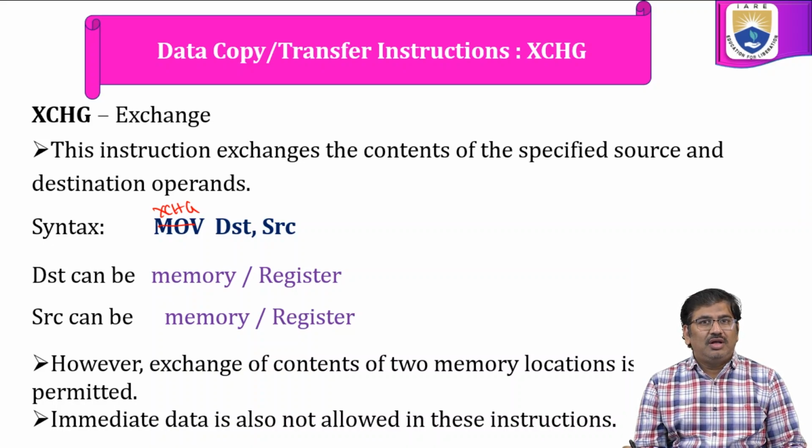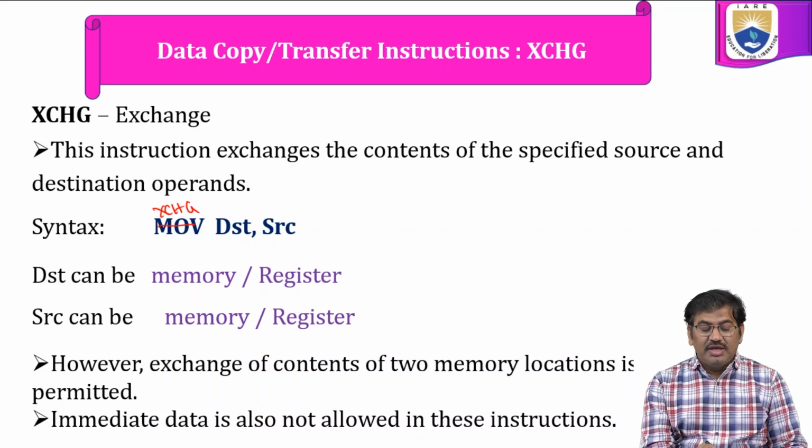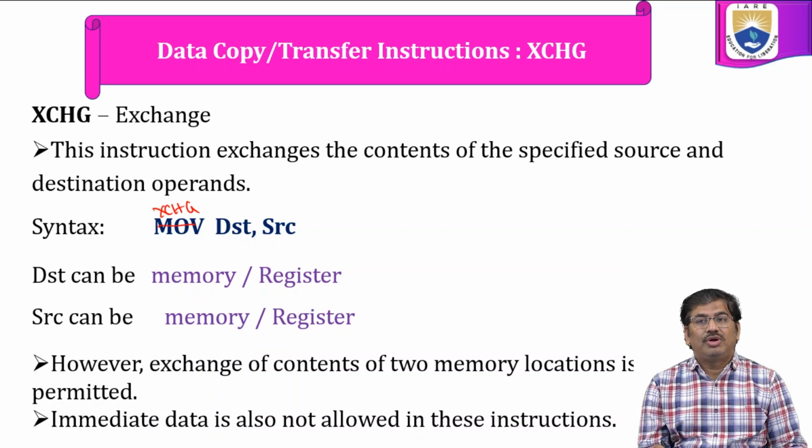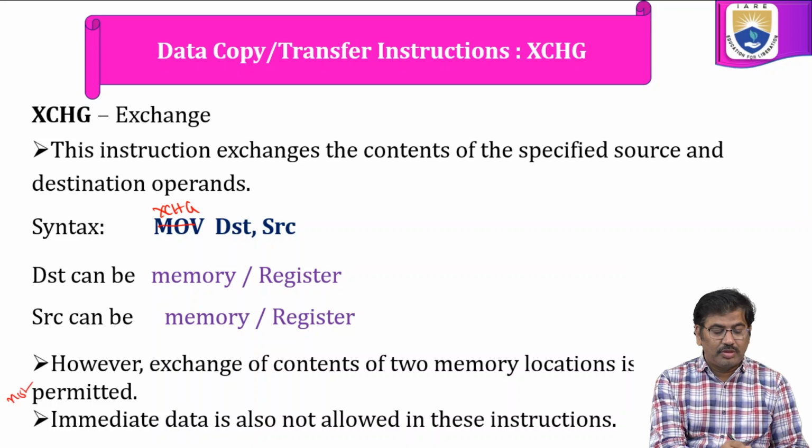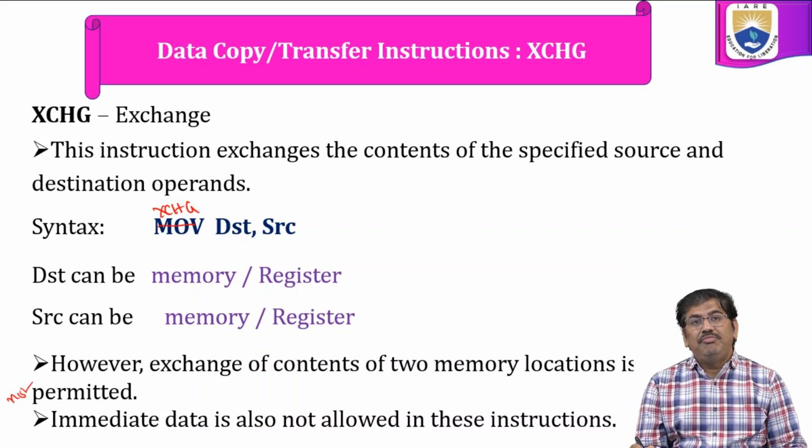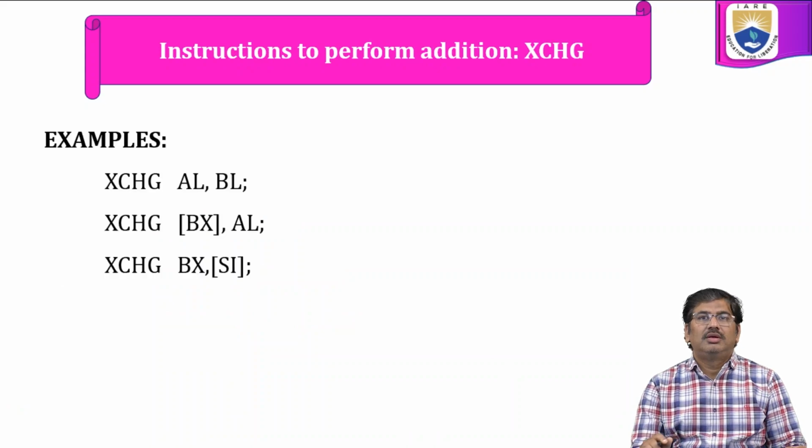For all the 8086 instructions, in most cases memory to memory is not allowed. So for exchange also, exchange of contents of two memory locations is not permitted. Next, immediate data, either as source or destination, cannot be used. A few examples: XCHG AL comma BL.